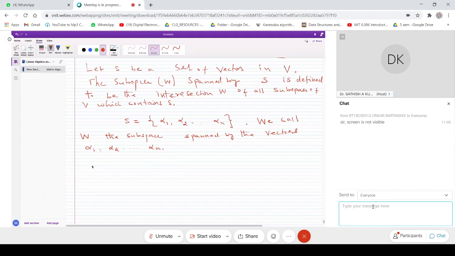So maybe the alternative results we can say are definitions. We can make use of this result for the subspace spanned by a vector space. The subspace spanned by S, the result says, is the same thing.